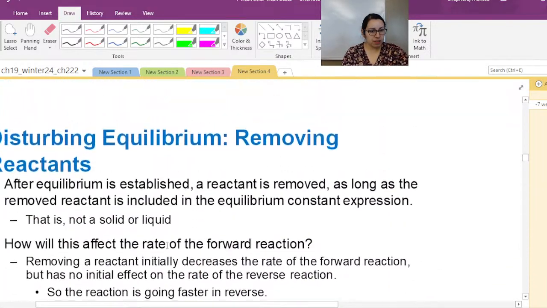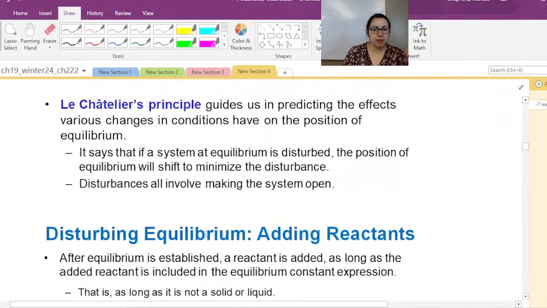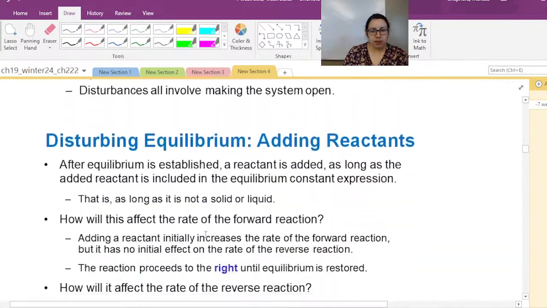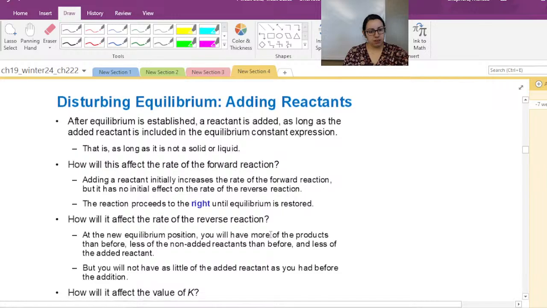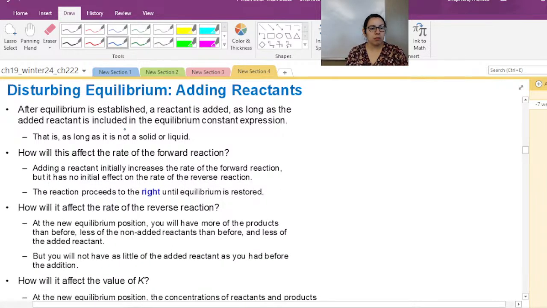And so that's basically what this says, except kind of more convoluted. The words don't quite match the pictures, but again, it's kind of the same thing. So we can do this adding reactants and imagine how it would change our equilibrium.